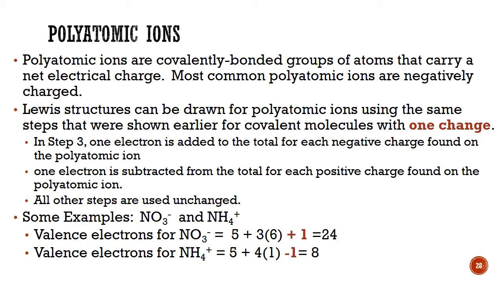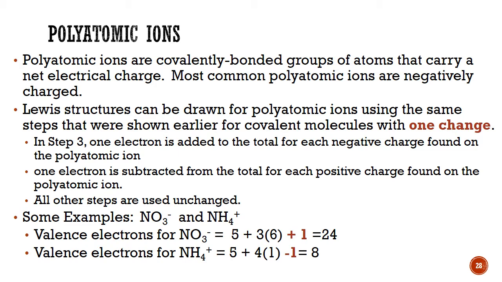So everything works the same way. The Lewis structure can be drawn for polyatomic ions. We use all the same steps except for one change. If you want to figure out how many electrons are available to make the structure, you figure out the valence electrons just like before, but you need to add one electron for every negative charge.